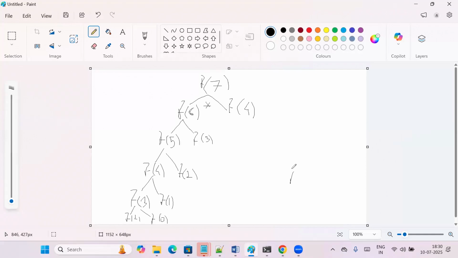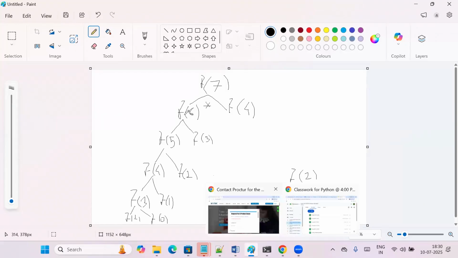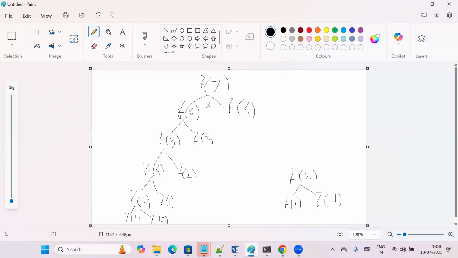Then f of 2 you will get here f of 1 and here f of minus 1. Correct. This kind of thing you will get.